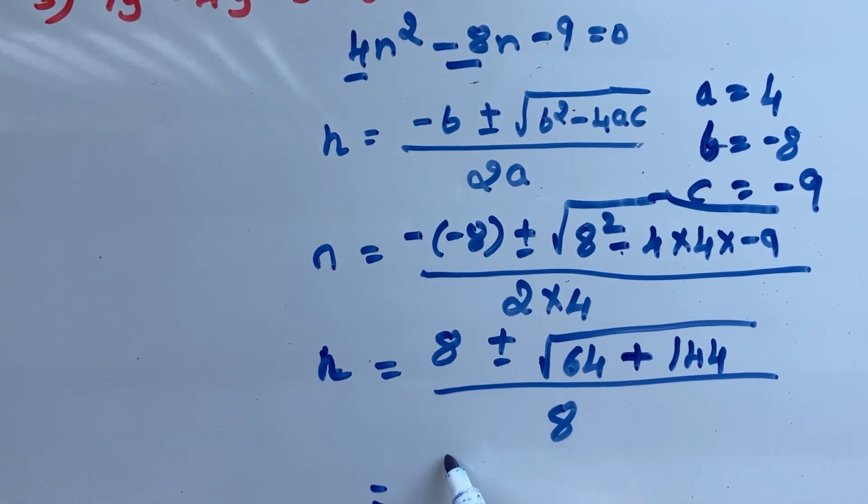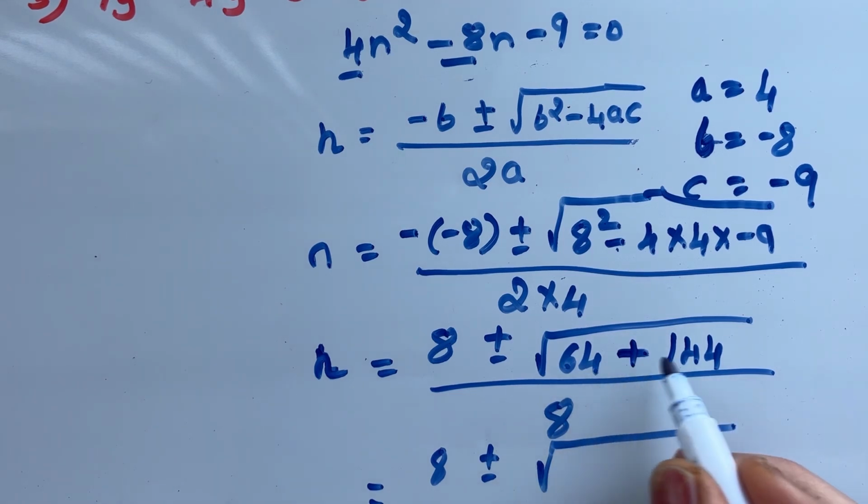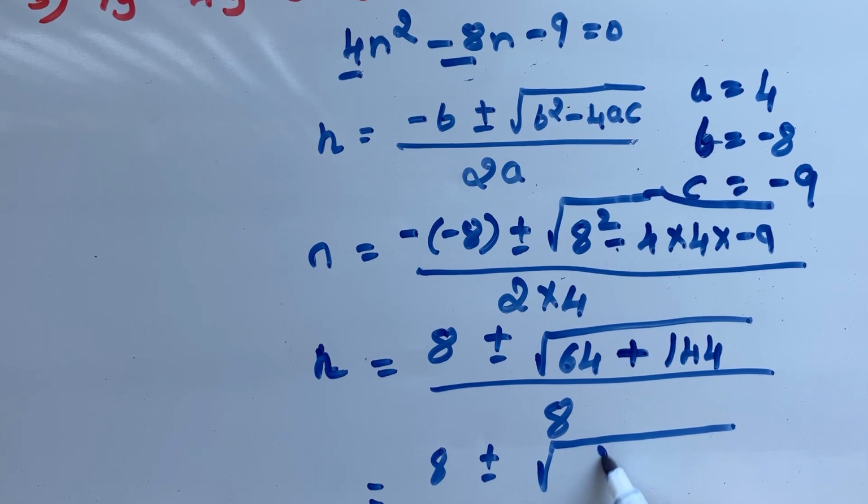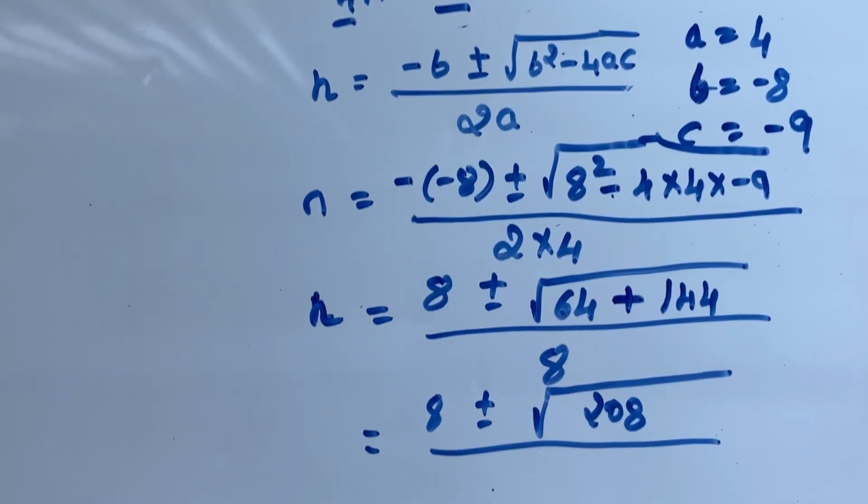Again, 8 plus or minus square root of 64 plus 144, which is nothing but 208, divided by 8.